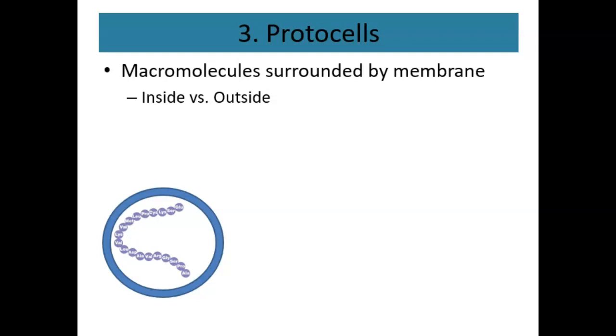So I'm thinking here specifically of something like pH, for example. The pH of a solution has a big effect on what sort of chemical reactions take place. And living cells tend to maintain their pH usually around 7-ish. In order to do that, you need to have an area that you can separate out from the rest of the world. And so having a membrane creates this separation between the internal environment and the external environment.